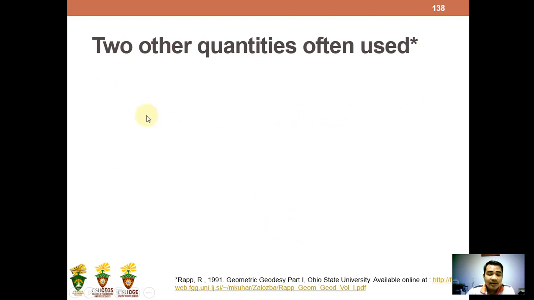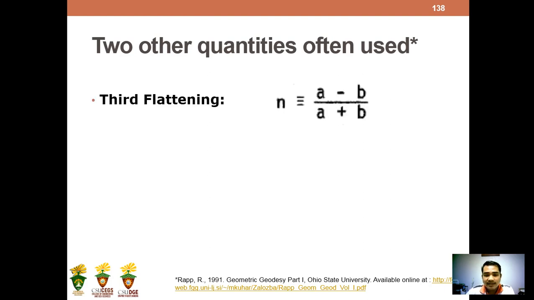And there are two other quantities that are accepted but are not often sought or solved. We have the third flattening, denoted as small letter n. Its formula is the semi-major axis minus the semi-minor axis all over the semi-major axis plus the semi-minor axis, or a minus b all over a plus b.